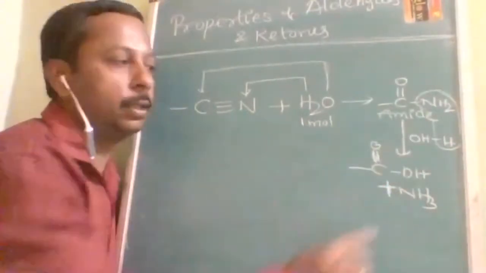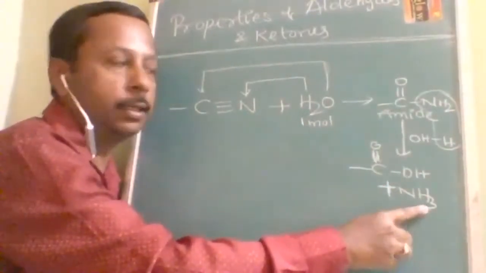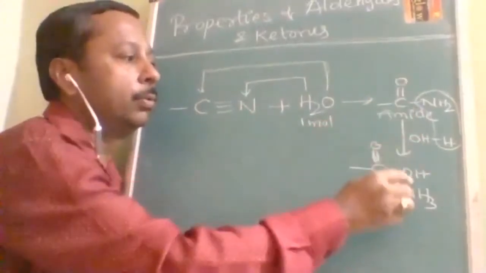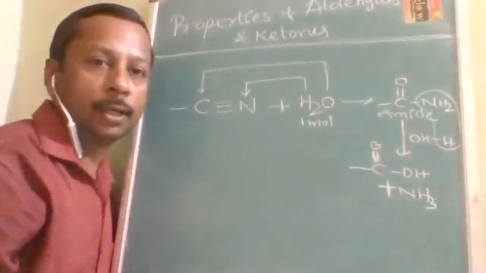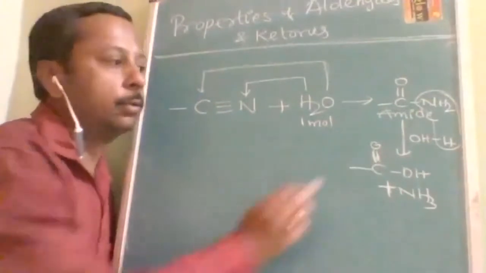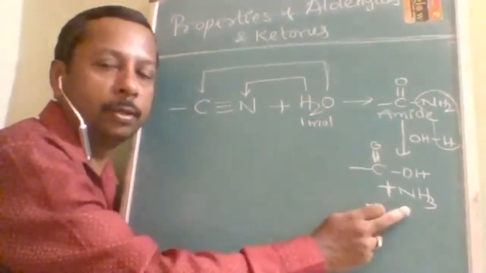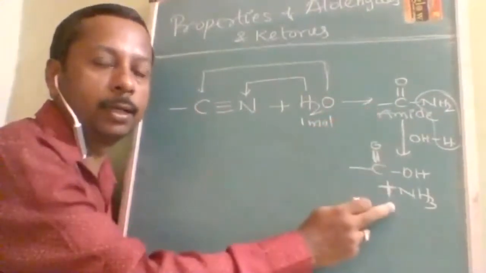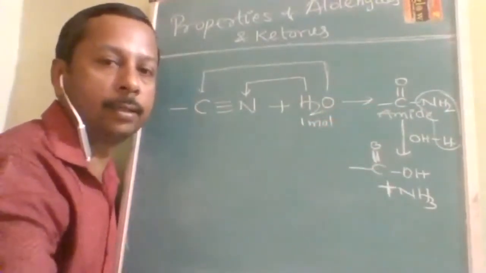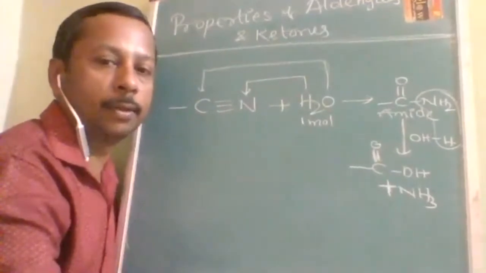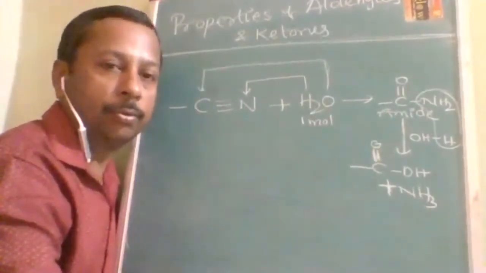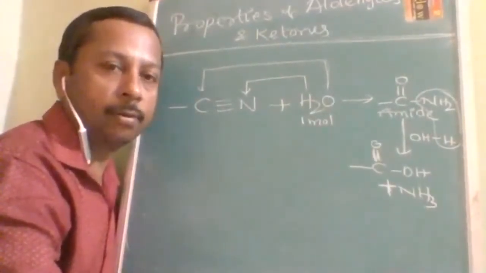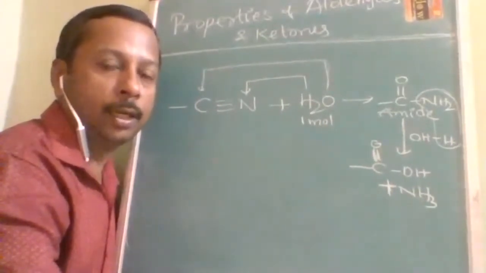This is the memory technique. NH2 plus H is going to give you NH3. C double bond O, OH, what is it going to give you? Carboxylic acid. So carboxylic acid and ammonia, two things are prepared here. Amide is the partial hydrolysis product, and with complete hydrolysis you are going to get carboxylic acid. It is going to be used in the next chapter, nitrogen containing compounds, and before that, carboxylic acid preparation also.